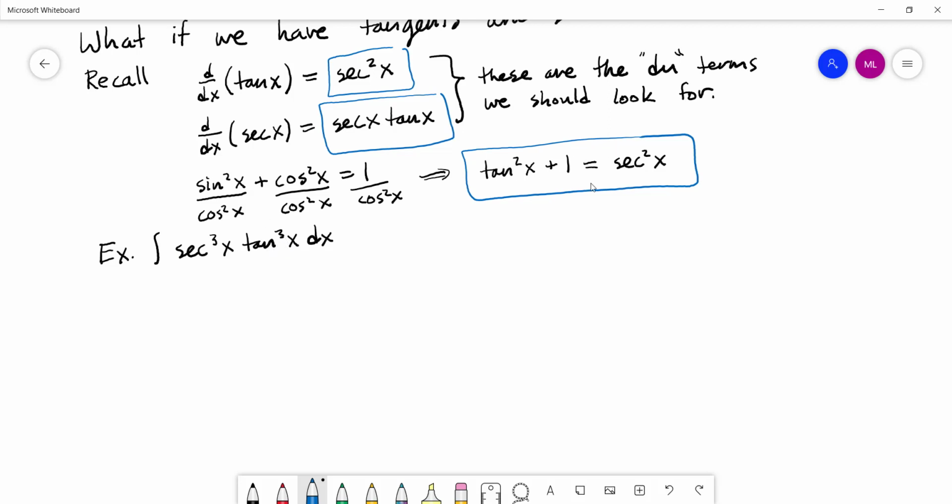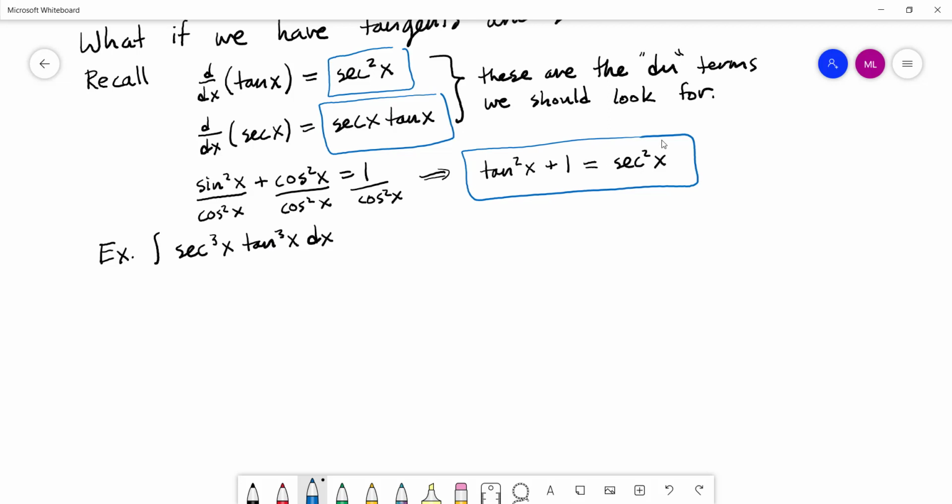So that's not what we want to pull out. Instead, I want to pull out a secant x tangent x, because that reduces this power down by 1 to secant squared, and reduces this power down by 1 to tangent squared. And now I have both secant squared and tangent squared. They're both even powers, and I'm going to be able to use this.